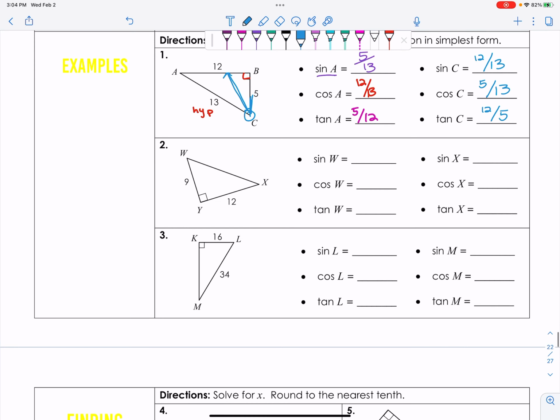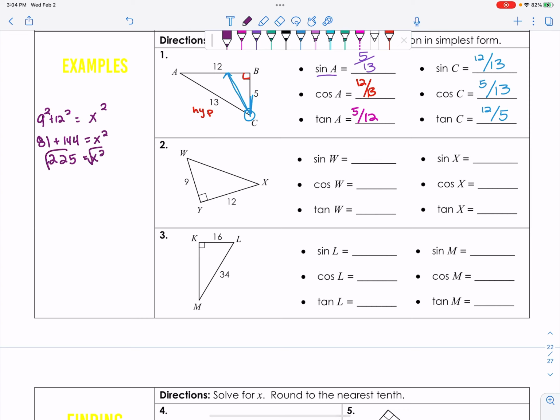Looking at example 2. Example 2, we're missing our hypotenuse. Our first thing we need to do is make sure that we can find that, which we can using Pythagorean theorem. So we're going to say that 9 squared plus 12 squared is equal to x squared. 81 plus 144 is equal to x squared, so 225 is equal to x squared.